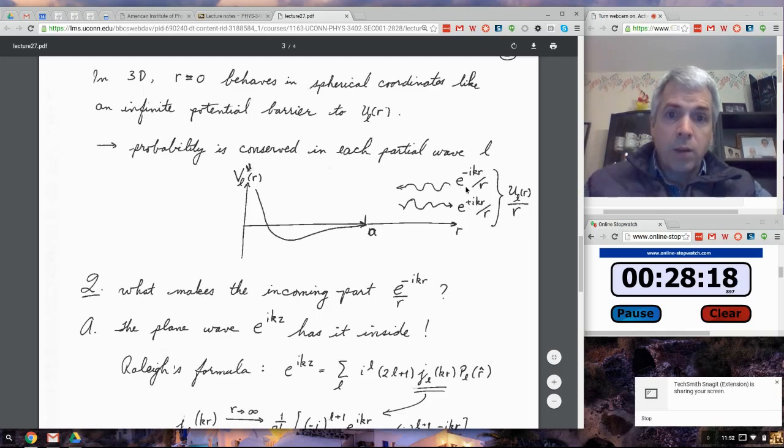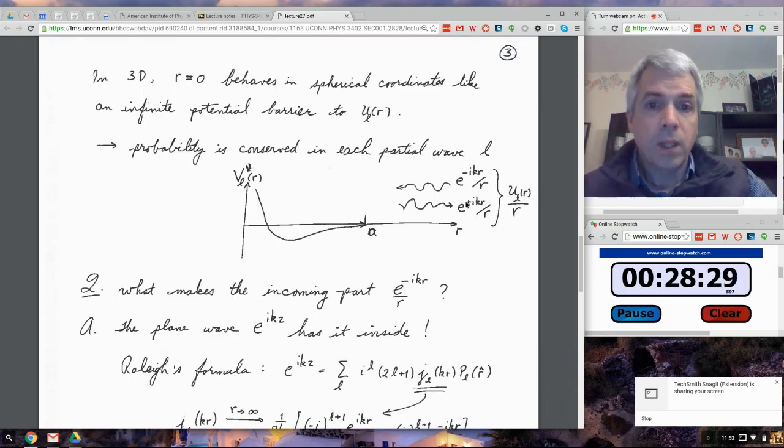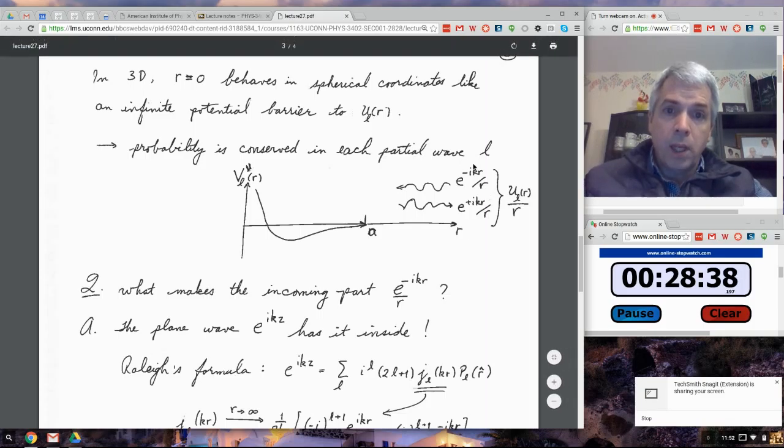And it results from the incoming wave in this particular L substate, coming in, hitting the barrier, reflecting off, and coming out, just like we saw in the one-dimensional problem. So even though we would, in a full description, have to write it as e to the ikr over r, in the equivalent 1D problem, u is just e to the minus ikr in, and e to the plus ikr out.